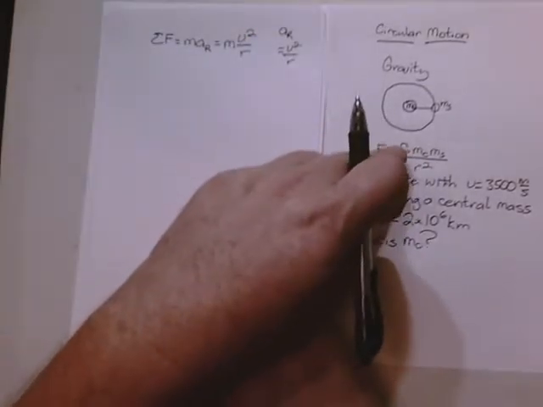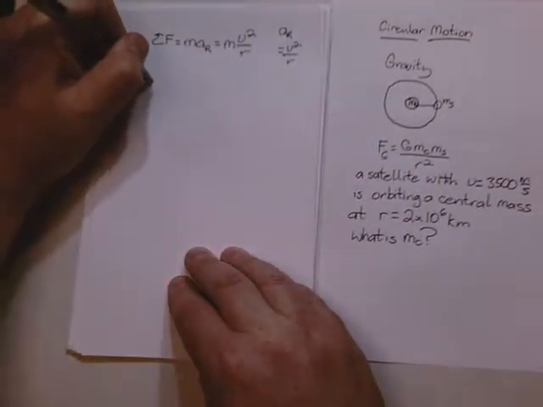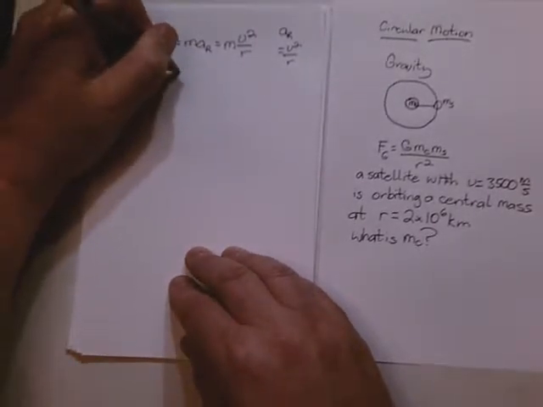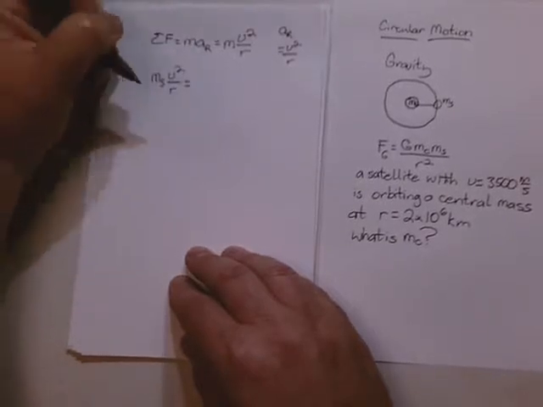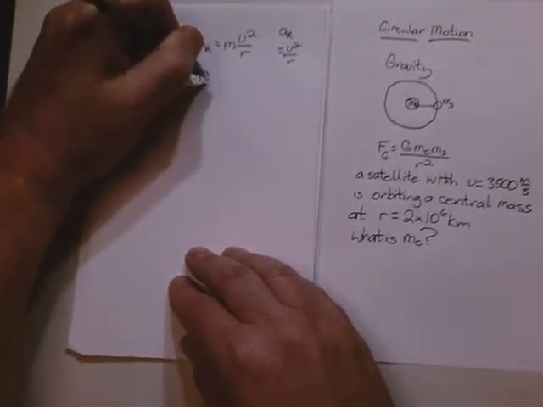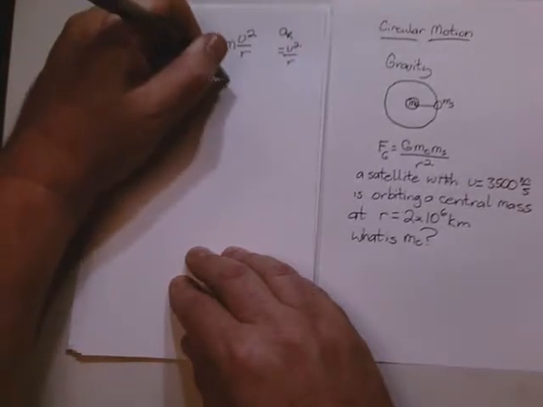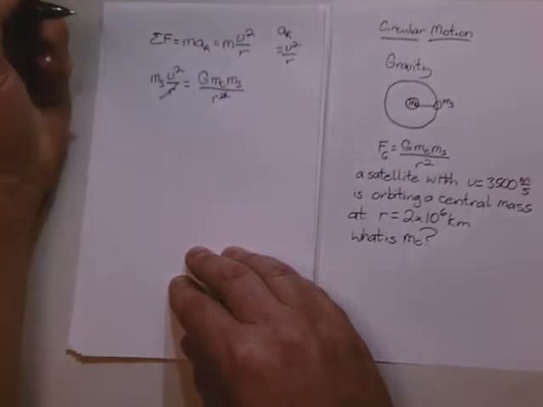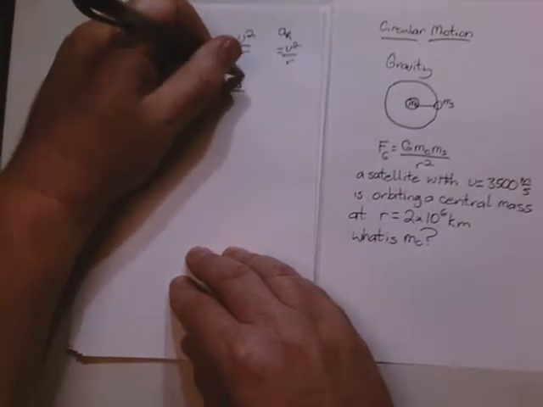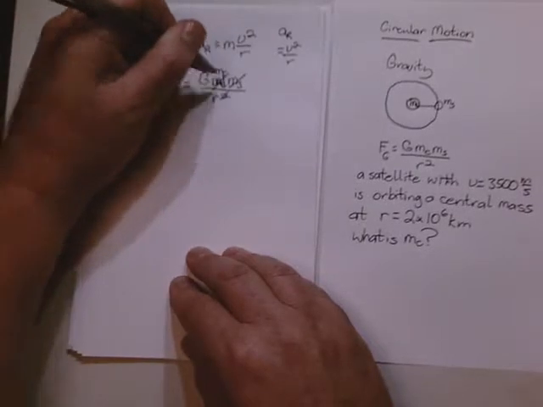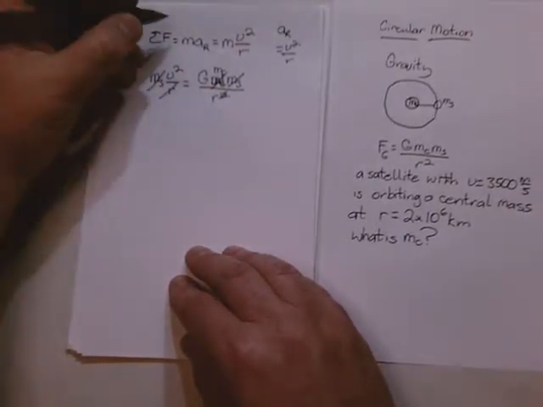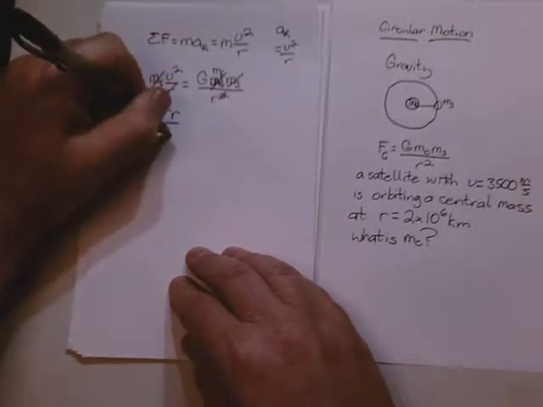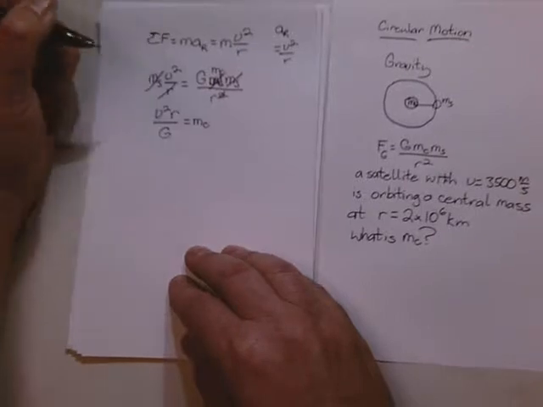We're dealing with the force of gravity. So the m of the satellite, because that's the mass that's moving in a circular motion, times v squared over r, is equal to that force of gravity, G mc ms over r squared. The r's cancel, the mass of the satellite cancels. So v squared r over G is equal to the mass of the central body.